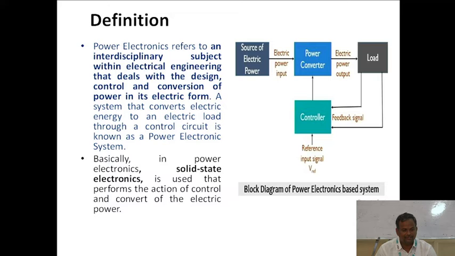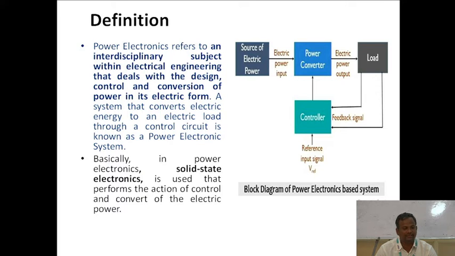Power electronics refers to an interdisciplinary subject. Why is it called an interdisciplinary subject? Here it is the combination of two terms, power engineering and electronics engineering. That is the reason we use the word interdisciplinary.